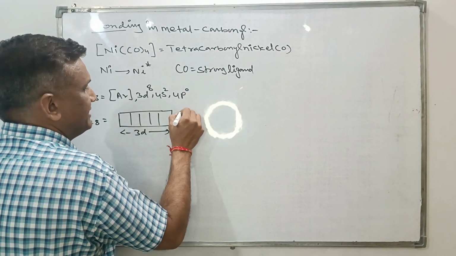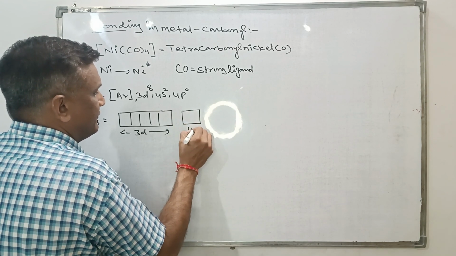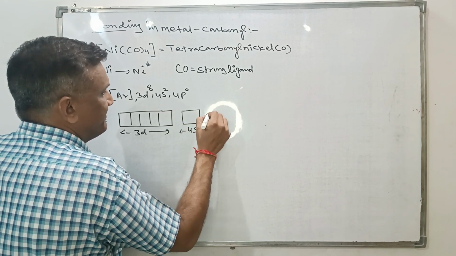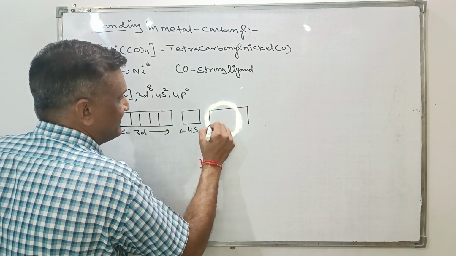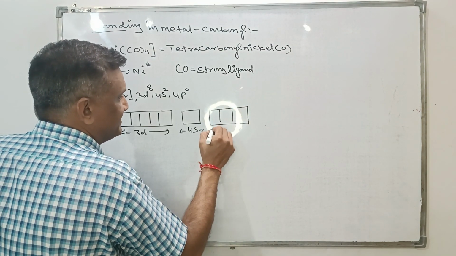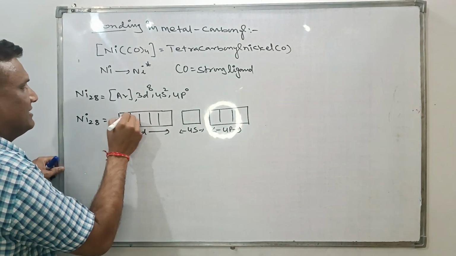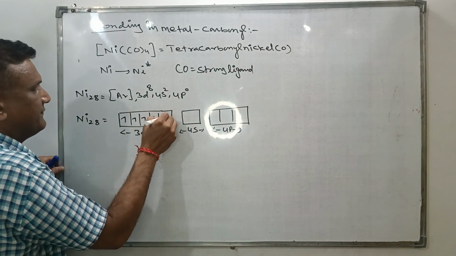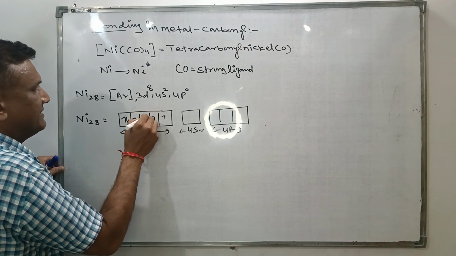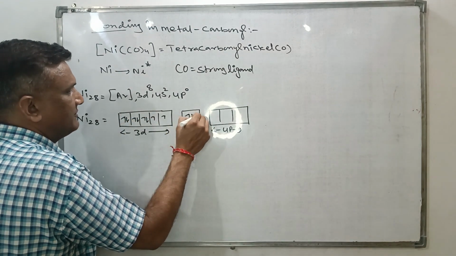There is one s orbital as 4s and 3 p orbitals, px, py and pz. This is the 4p part. Here are the 8 electrons, 1, 2, 3, 4, 5, 6, 7 and 8 electrons. Here will be 2 electrons.